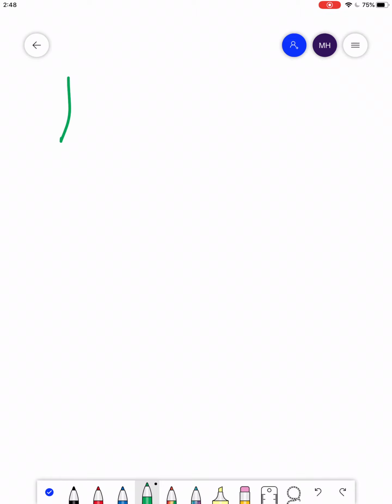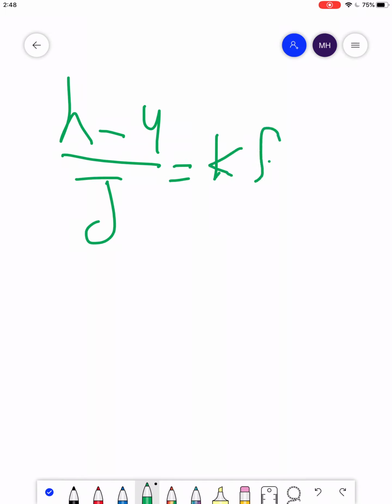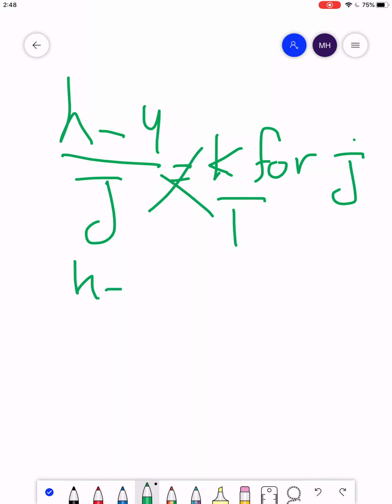h minus 4 over j equals k, for j. Now j is down, so in this case I use cross multiply. I have h minus r equals jk, but I want j alone, so I divide by k.